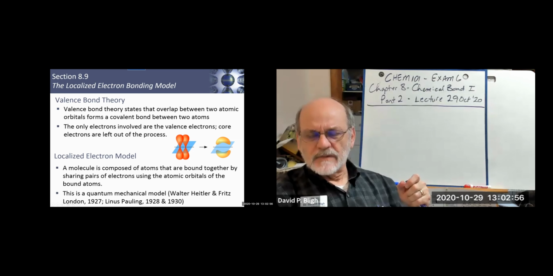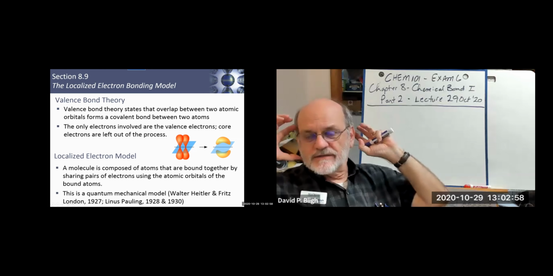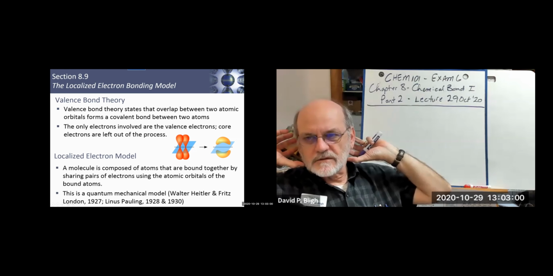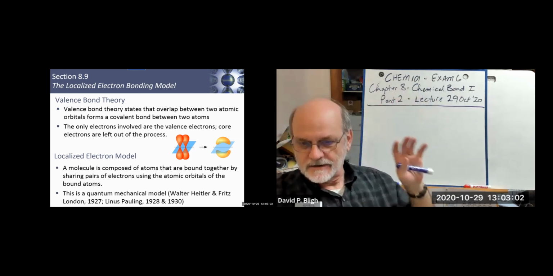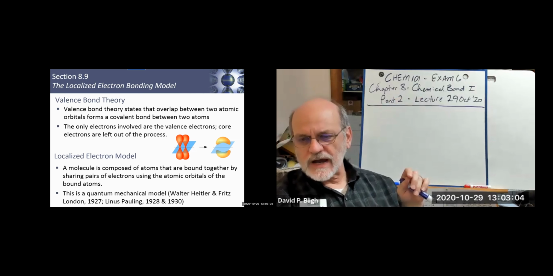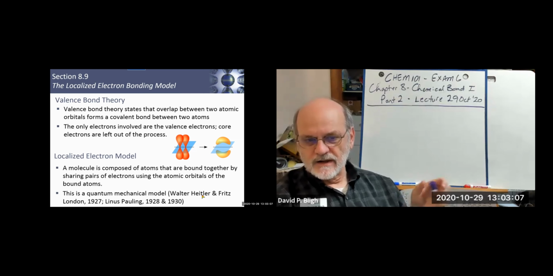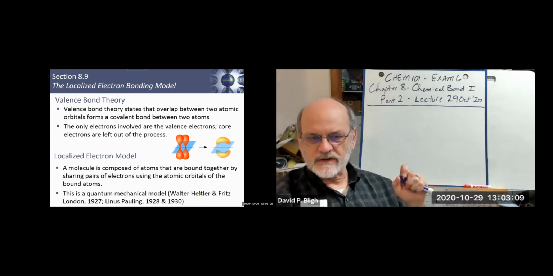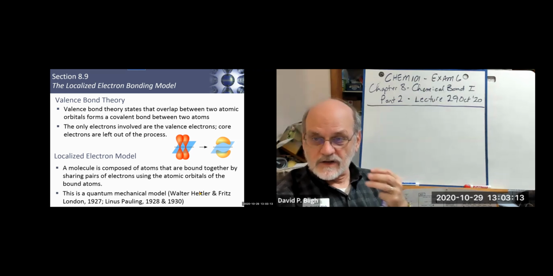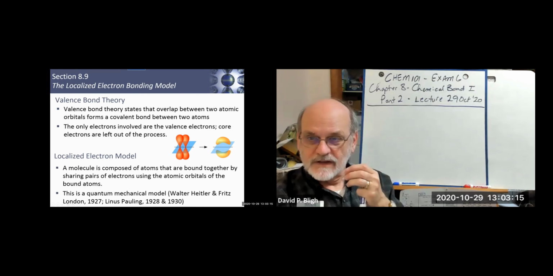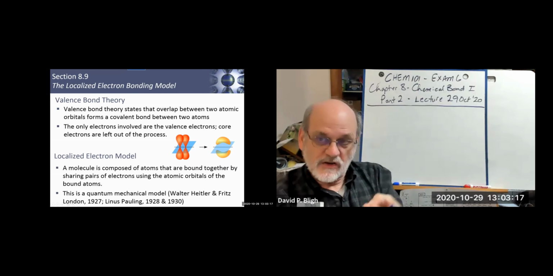Now, this theory didn't just spring full-blown out of somebody's head. Walter Heitler was a theoretical physicist, and he enlisted the help of a friend of his, Fritz London, to work on the details after Heitler got the bright idea and got the basics started.